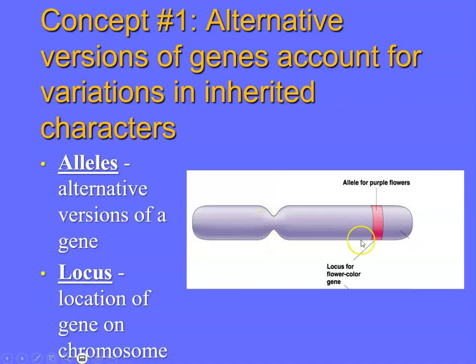The specific location for that genetic information on the chromosome is called the locus. And at the locus, there's going to be an allele, or whatever version of the gene is on that chromosome. So for example, this one has the allele for purple flower, not the allele for white flower color.